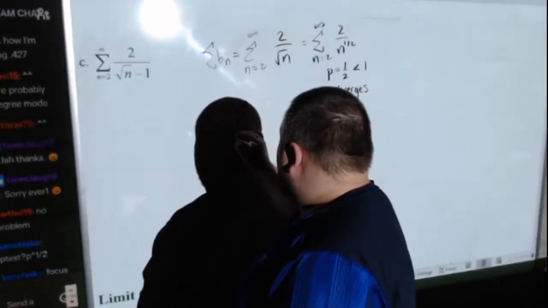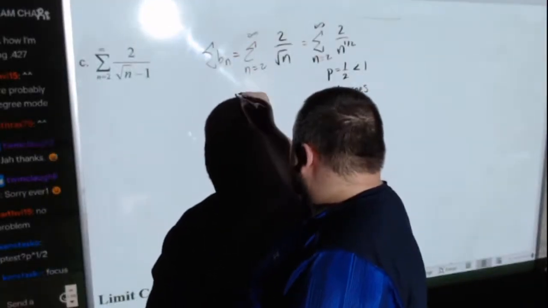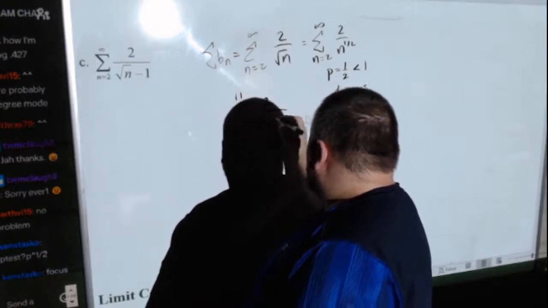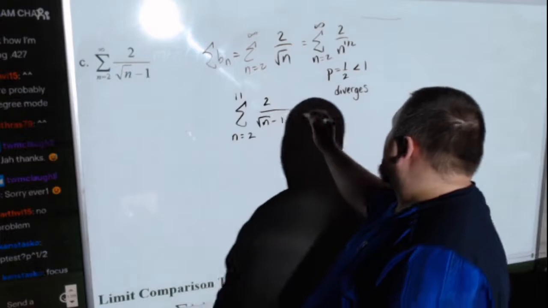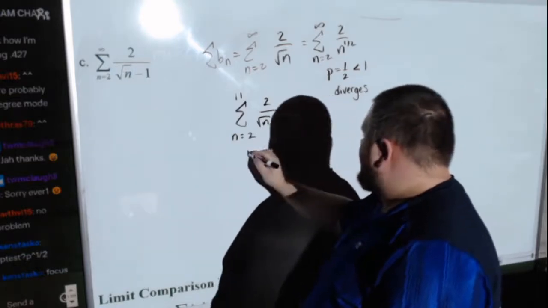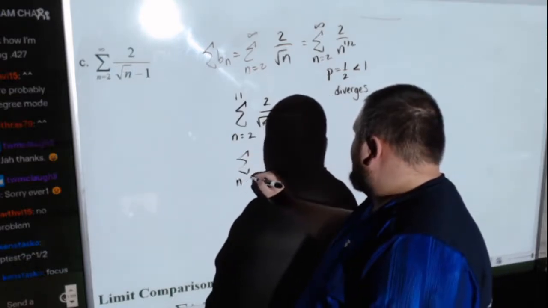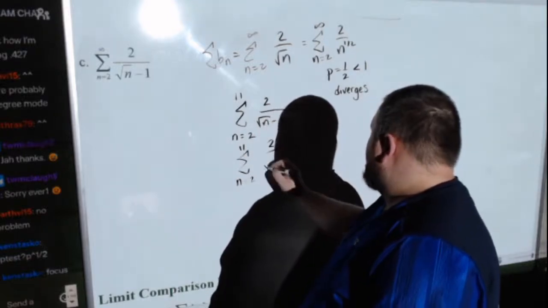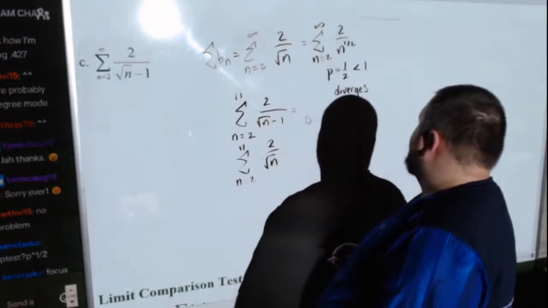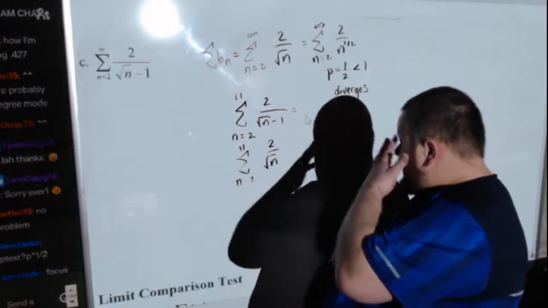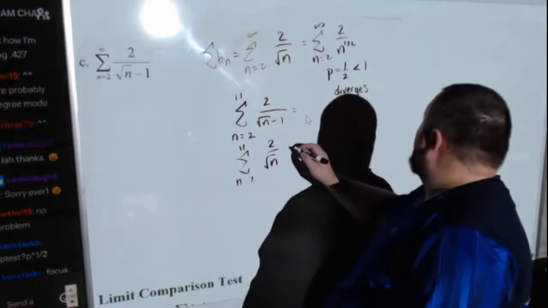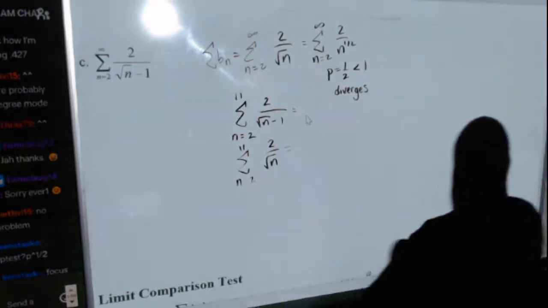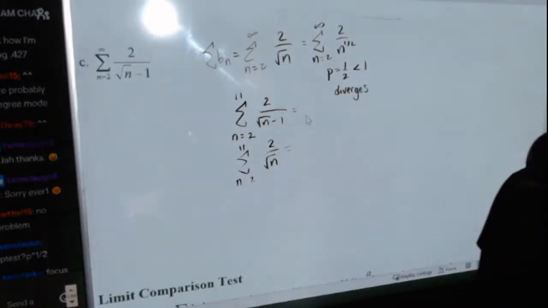So sum n equals 2 to 11, 2 over the square root of n minus 1. Find a number for that. Then from 2 to 11, 2 over square root n. And find a number for that. So let's do that real quick and see which one's bigger.